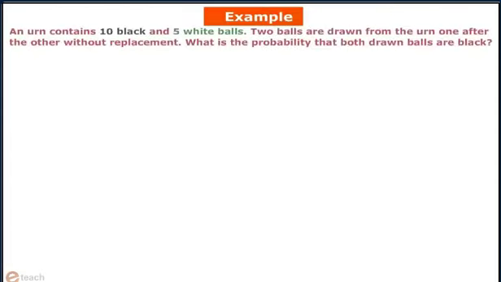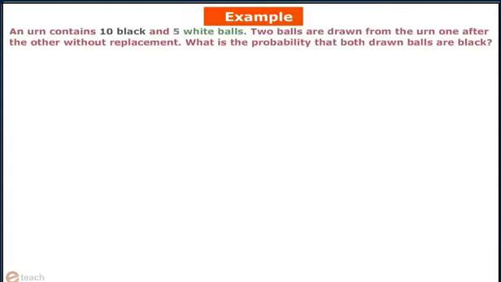Let's take an example. An urn contains 10 black and 5 white balls. 2 balls are drawn from the urn, one after the other. What is the probability that both drawn balls are black? Solution. Let E be the first event that the drawn ball is black and F be the second event that the ball drawn is black.